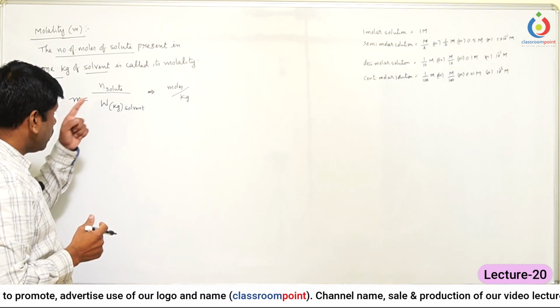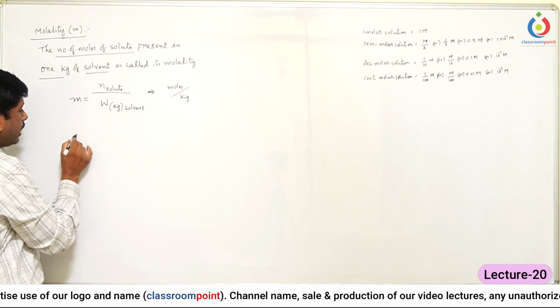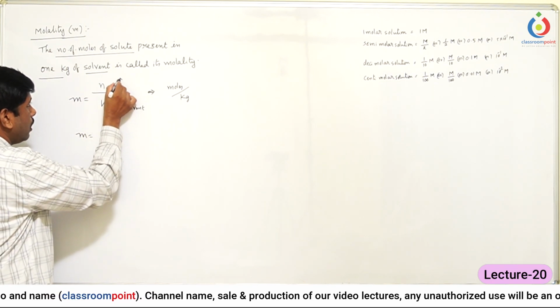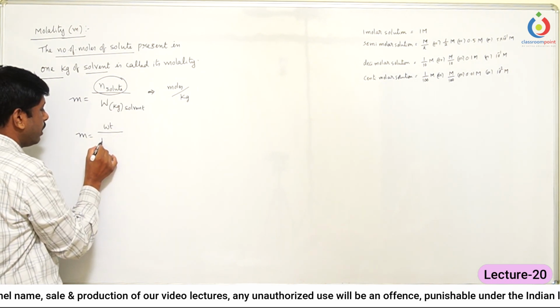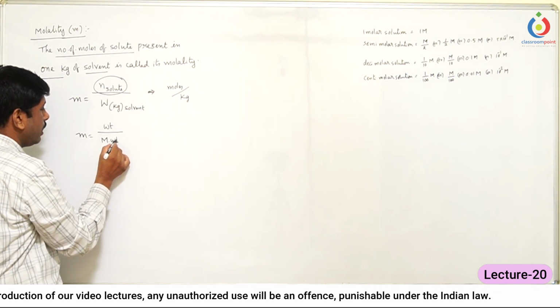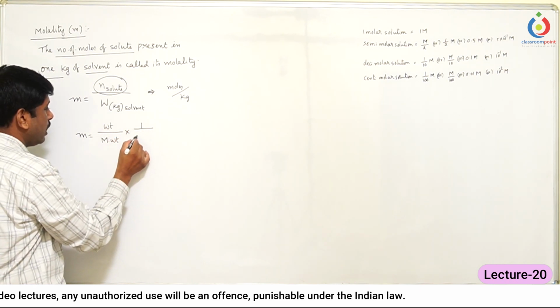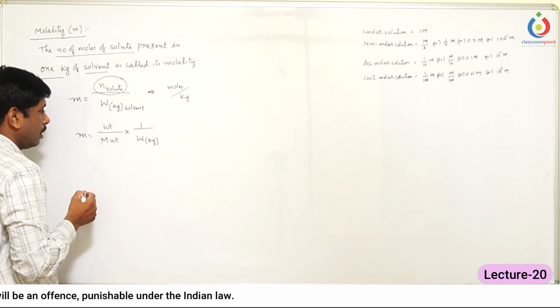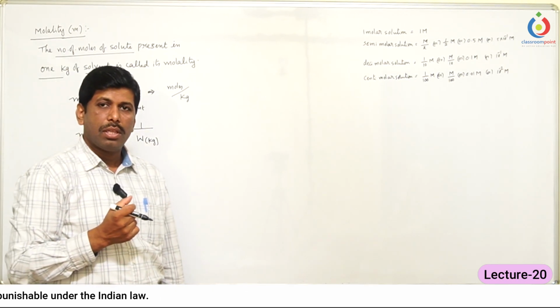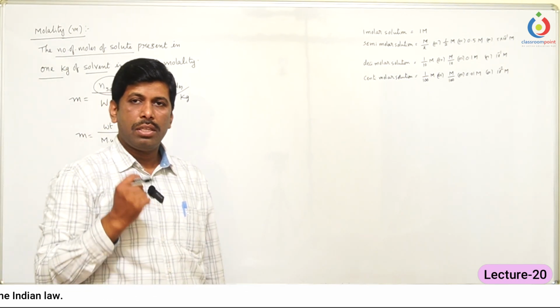If you elaborate this term, we get that molality equals the number of moles of solute, which can be written as weight of solute divided by molecular weight of solute, into 1 divided by mass of the solvent in kg. But most of the time, the mass of the solvent is given in grams.